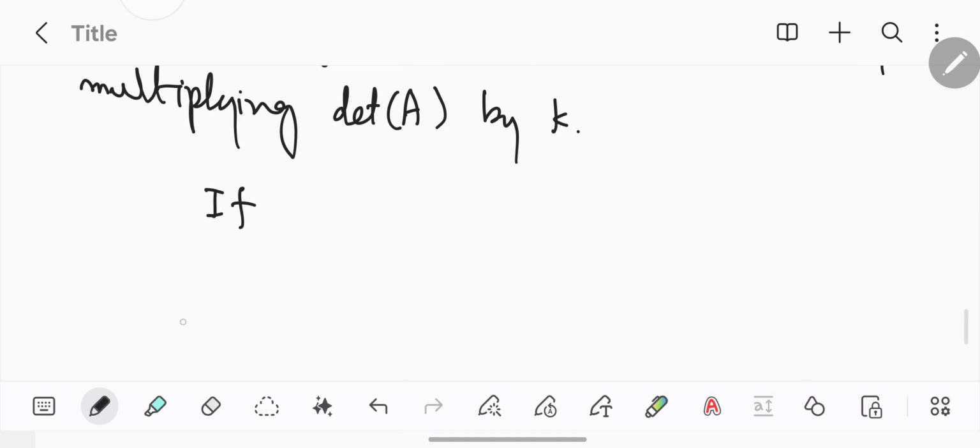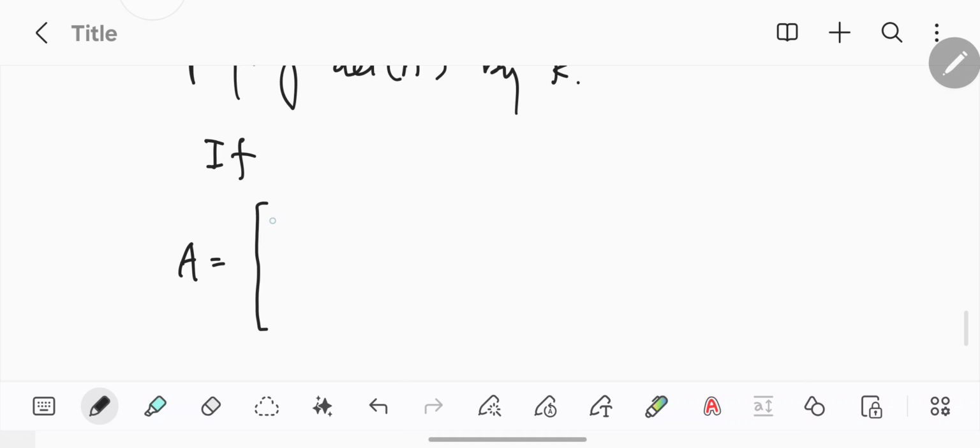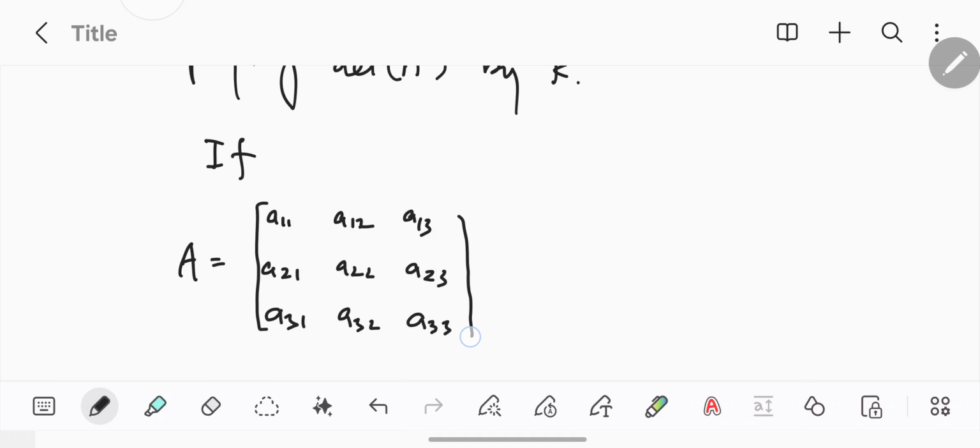Suppose you have a matrix A here. I will do a 3 by 3 matrix: A11, A12, A13, A31, A32, A33. So this is the matrix.